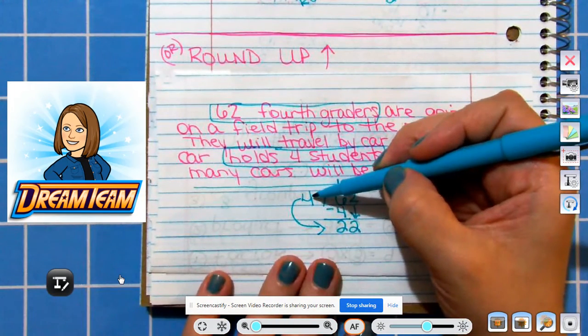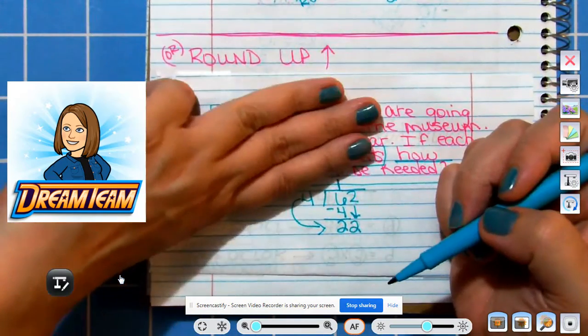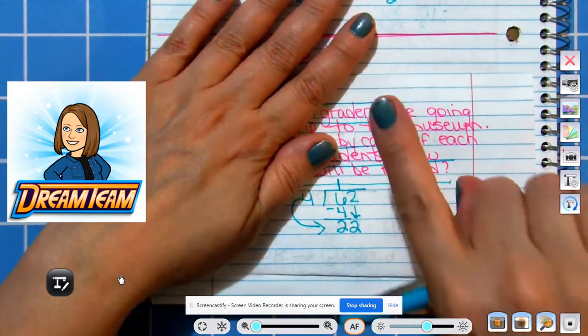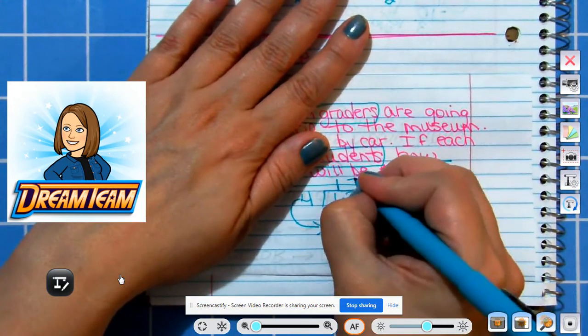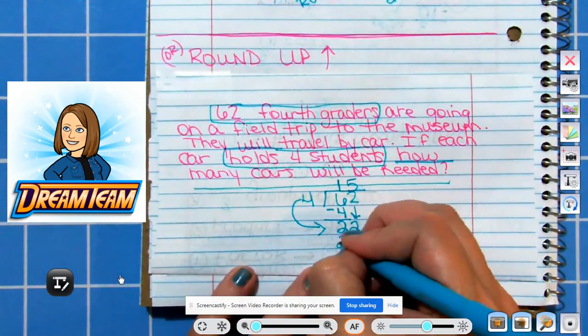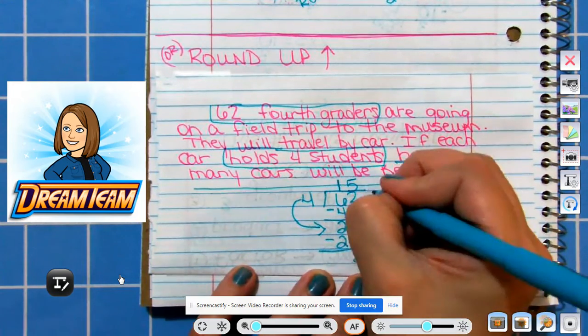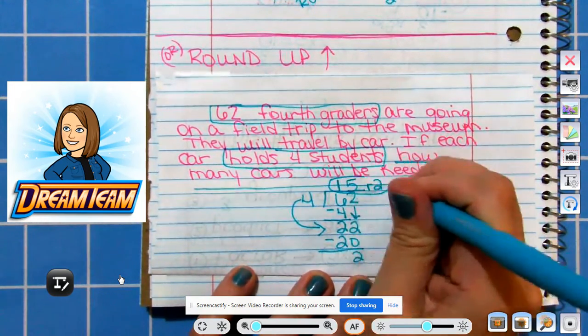All right, one group of 4 is 4, 8, 12, 16, 20. 6 times 4 is 24. That's too many. So it's 5 groups. 5 groups of 4 would be 20. Subtract, and you have a remainder of 2. So the quotient is 15 remainder 2.